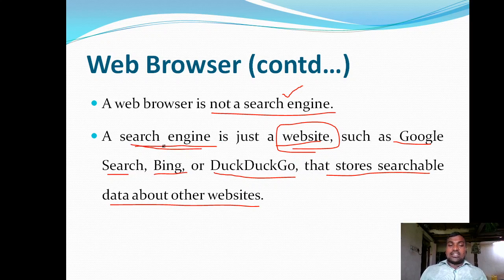A search engine is a website. In that website they have different searchable data about all the websites available in the World Wide Web. So it contains information of all other websites around the world which are connected to the internet. That is the World Wide Web.